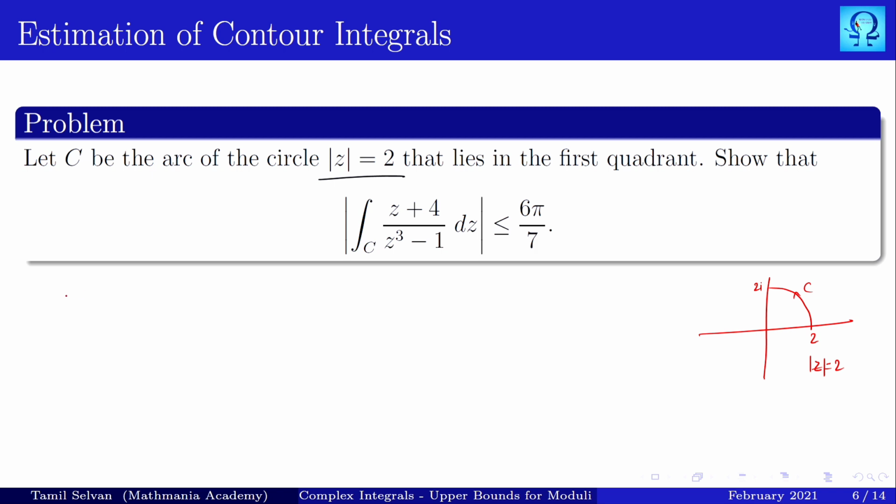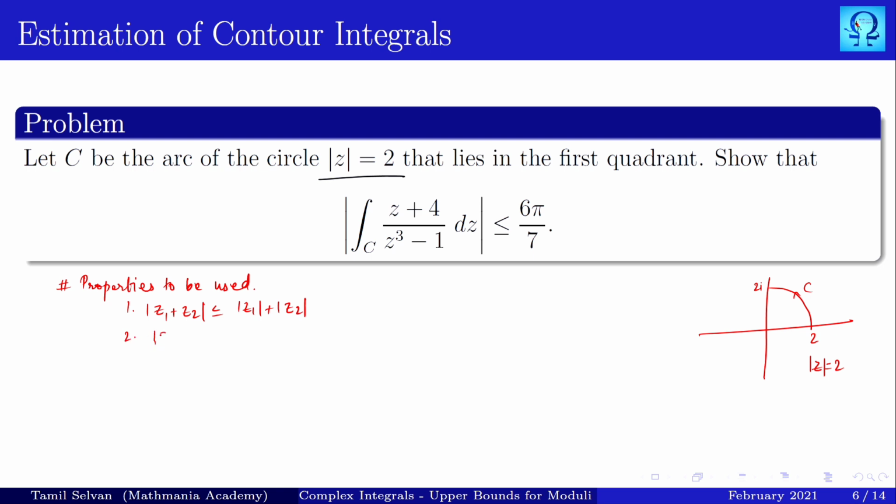The properties to be used: first one, absolute of z1 plus z2 is smaller than or equal to absolute of z1 plus absolute of z2.